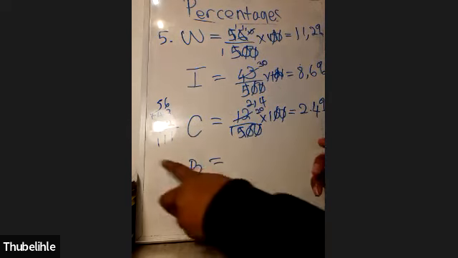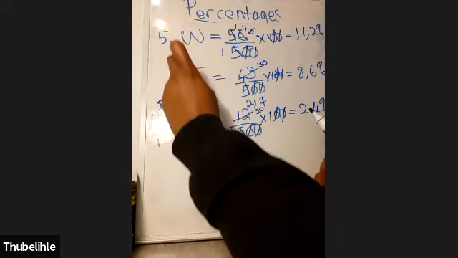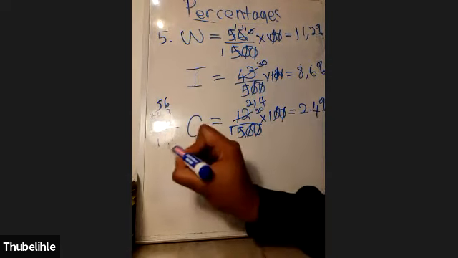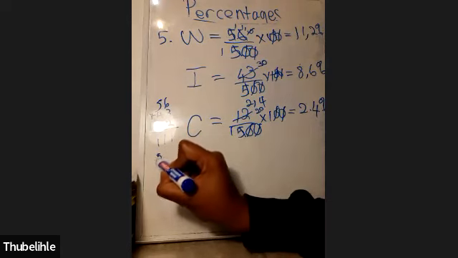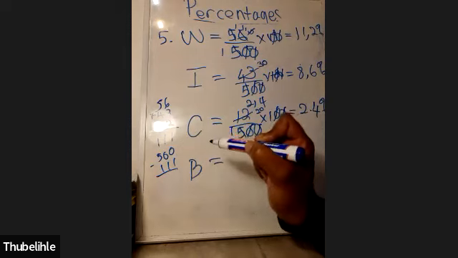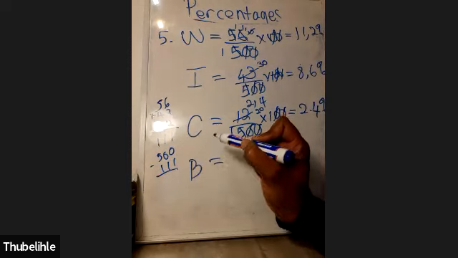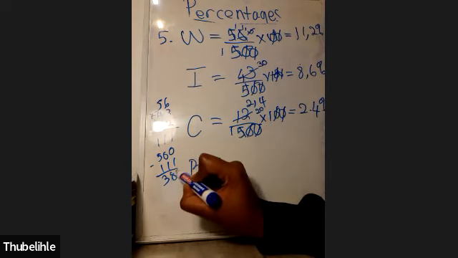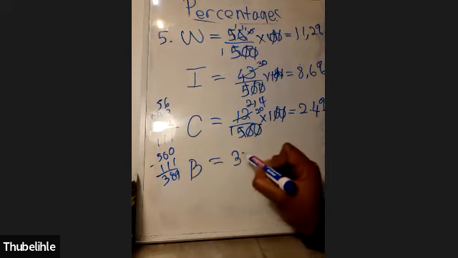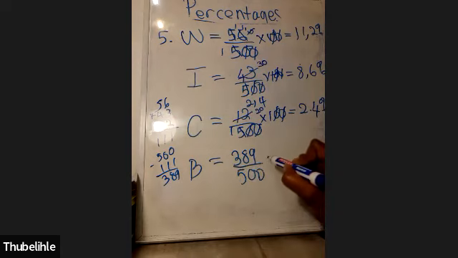So this is a total amount, 111, of the combination of white, Indians, and coloreds. So to find the Black people, now we're going to say 500 minus 111. And we get 389.